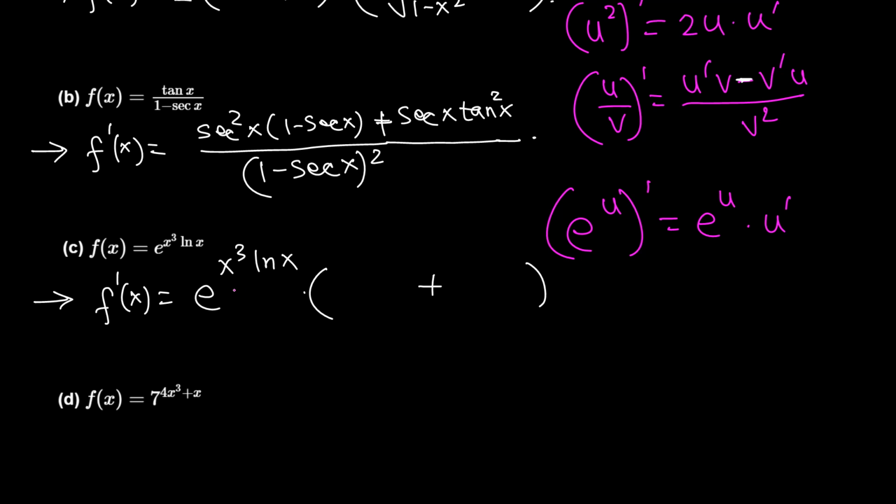Whenever we have a product like u times v, the derivative is u prime v plus v prime u. Okay, so x cubed is u, ln x is v, so u prime, the derivative of x cubed, is 3x squared times v, which is ln x, plus v prime, the derivative of ln x, which is 1 over x, times u, which is x cubed.